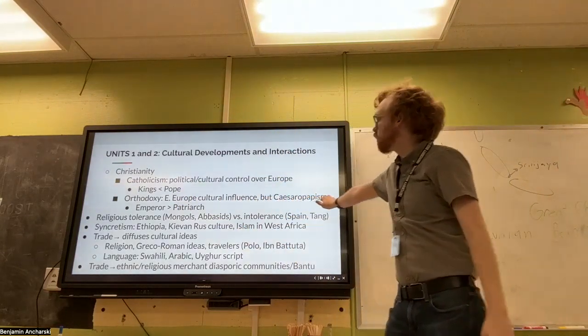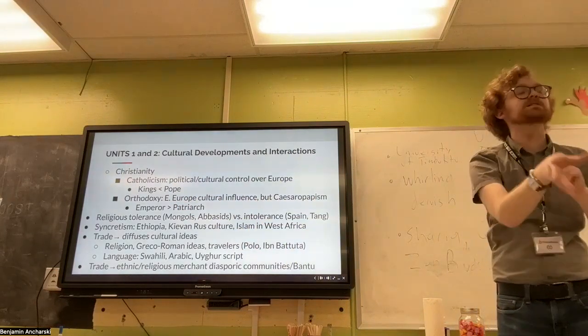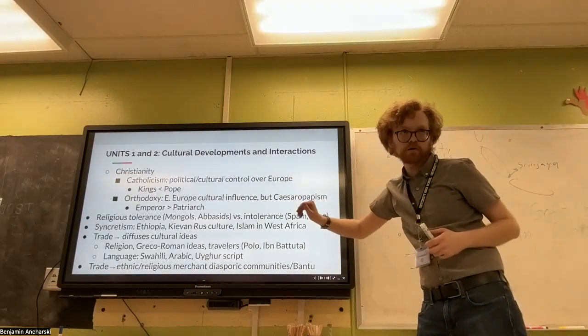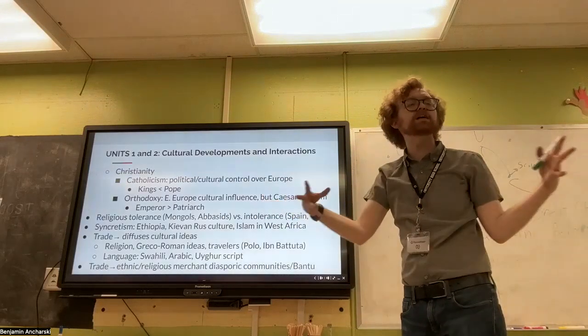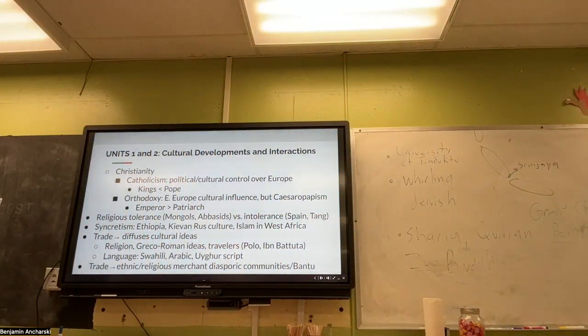There's the idea of Caesaropapism, the idea that the Caesar or emperor picks the leader of the Orthodox Church, the patriarch. So this is a difference right here. Eastern Europe is more centralized, Western Europe more decentralized. There is less central political authority in Western Europe.